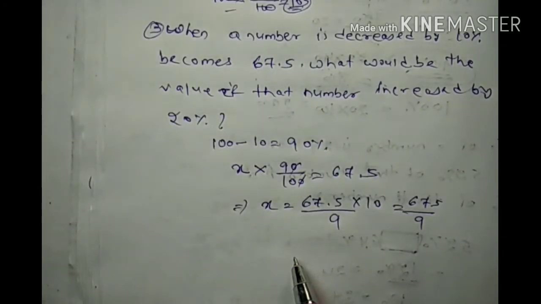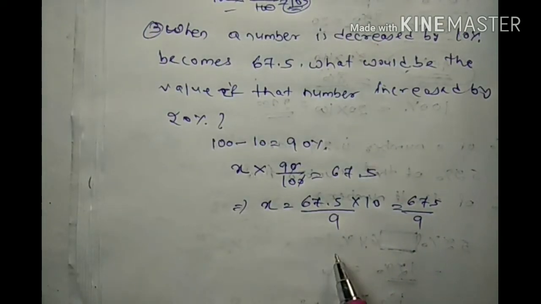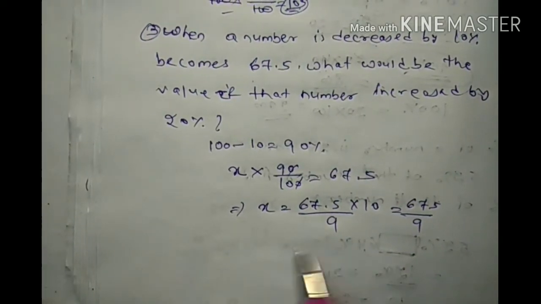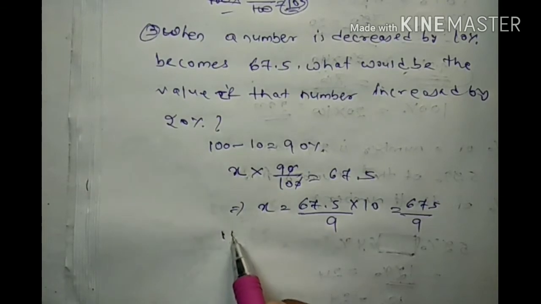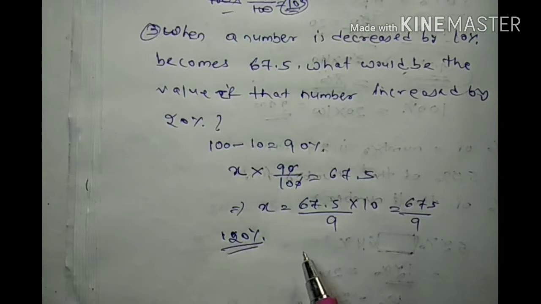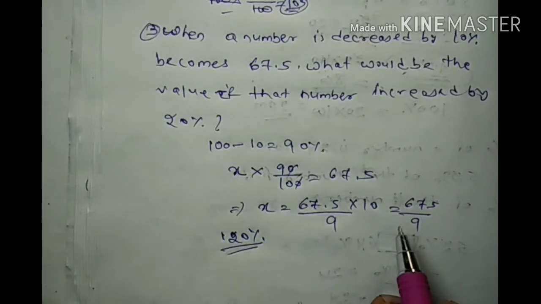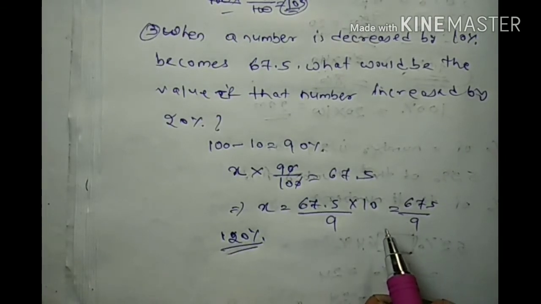What would be the value if that number is increased by 20%? If the number is increased by 20%, we have to find 120% of that number, because it increases by 20%. So x is that number.